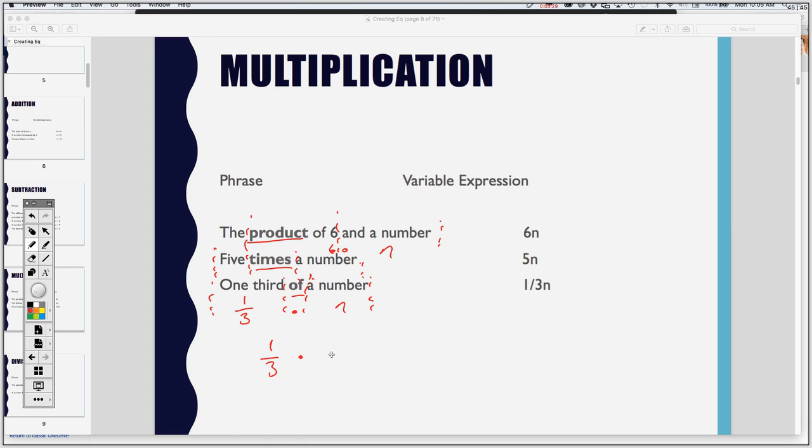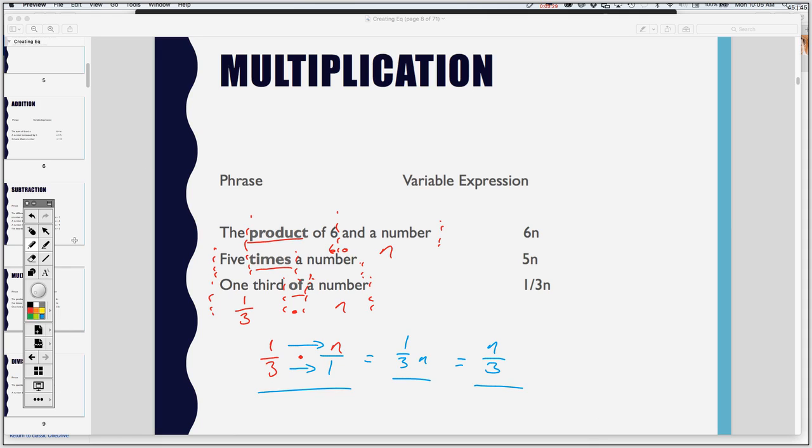All that is left to do is multiply across. You could write this multiple ways. You could say 1/3 n, or when you multiply it across, n over 3. Each of these ways works and says the same thing. Okay, so pause the video and keep copying it.